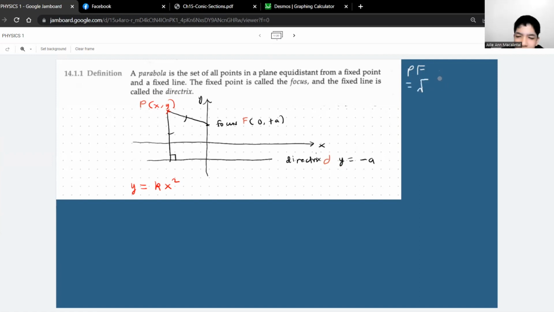Square root of 0 minus x, negative x squared, minus... wait. Minus x minus y. Wait. Y minus x.